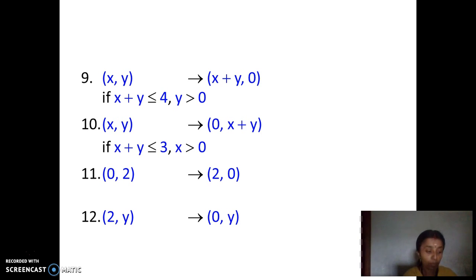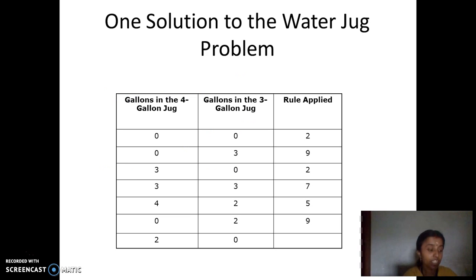For the water jug problem, there are several sequences of operators that will solve the problem. Let us see one of them. The initial state is (0, 0). When applying rule 2, we get (0, 3). When rule 9 is applied, we get (3, 0).